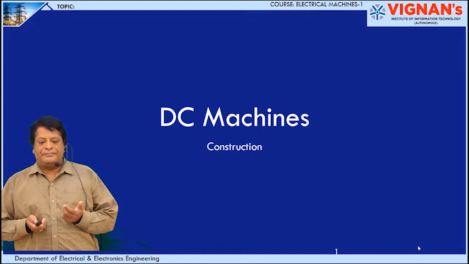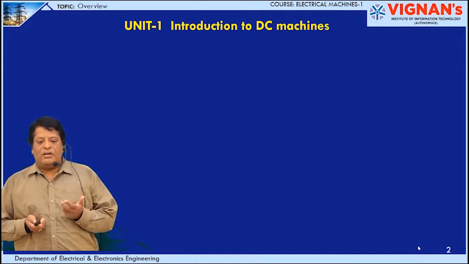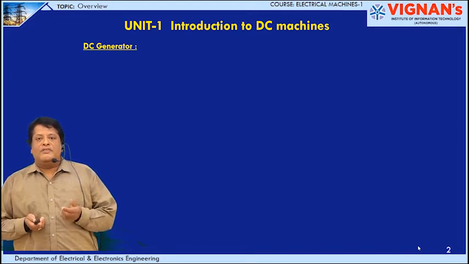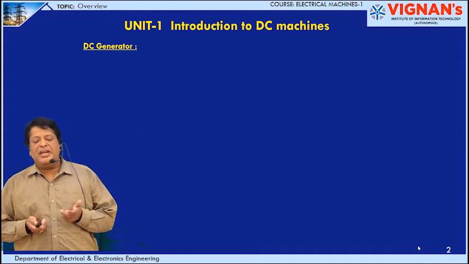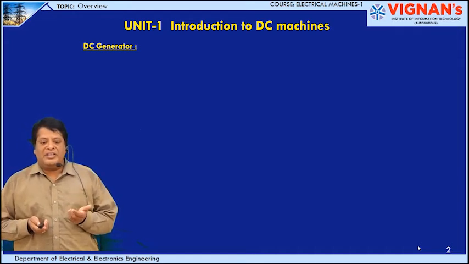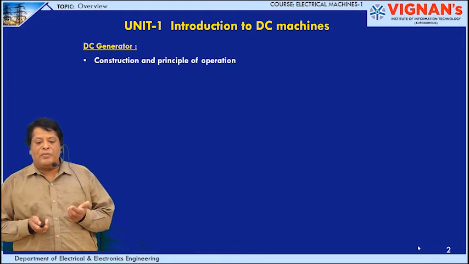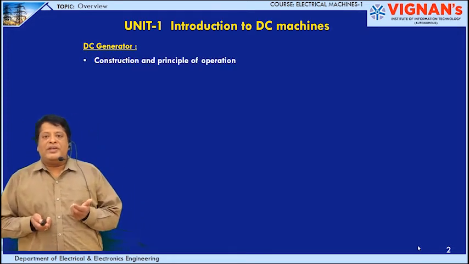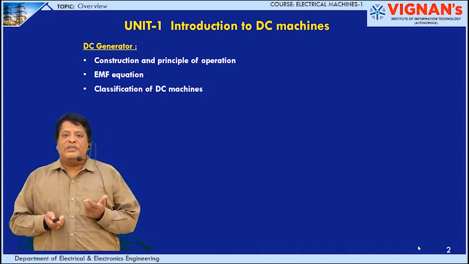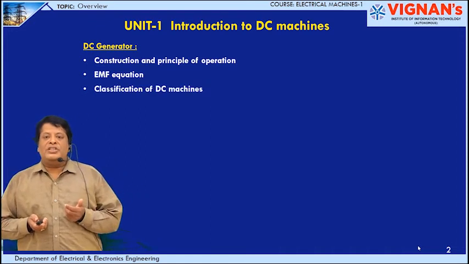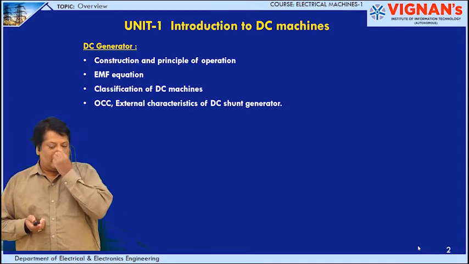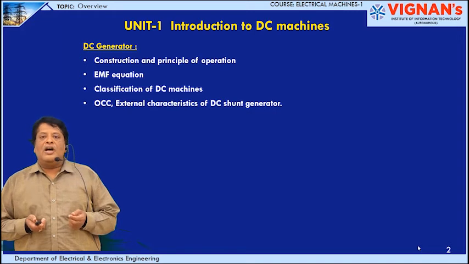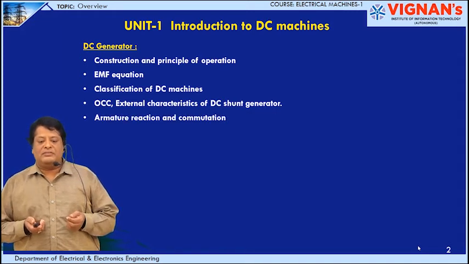Next, introduction to the DC machines. The first unit is introduction to the DC machines. Here we are going to discuss the DC generator: construction and principle of operation, EMF equation, the classification of DC machines, OCC and external characteristics of a DC shunt generator, armature reaction and commutation.